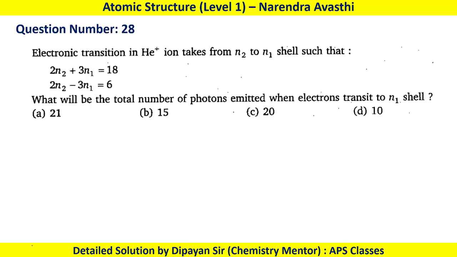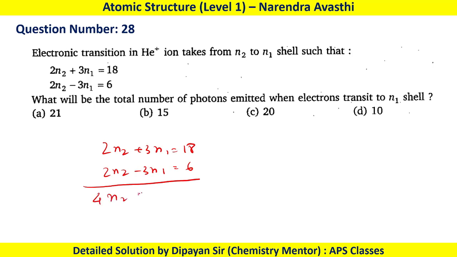In question number 28, the electronic transition in helium plus ions takes place from the n2 to n1 shell such that we have two relations given. To solve this question, we can write 2n2 plus 3n1 equals 18, and 2n2 minus 3n1 equals 6. If we add these, 4n2 becomes 24, or n2 becomes 6.